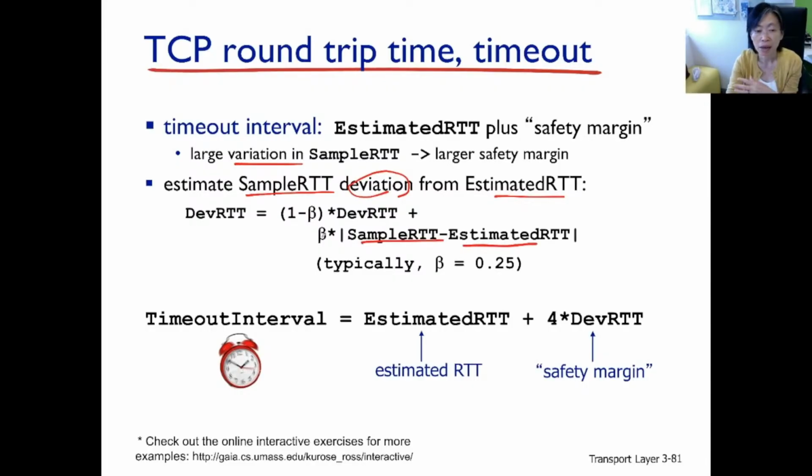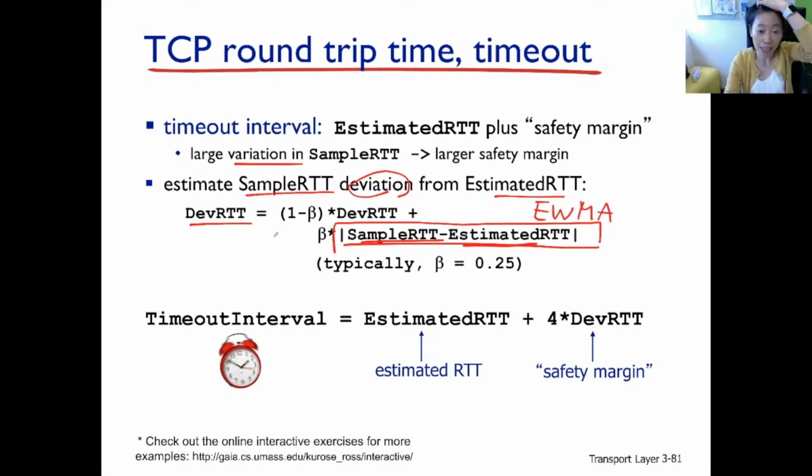Now, of course, we will not use this by itself to set the safety margin, because this is also what? The instantaneous deviation. So let's estimate the smoothed deviation of round trip time, DevRTT, borrowing again the technique, the exponential weighted moving average, to get the smoothed DevRTT. So the next DevRTT will be the weighted sum of the current DevRTT and the instantaneous deviation of RTT.